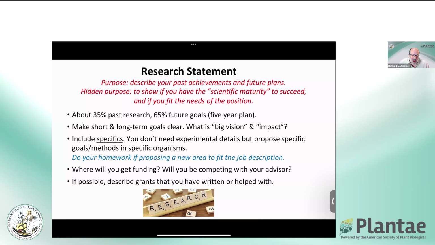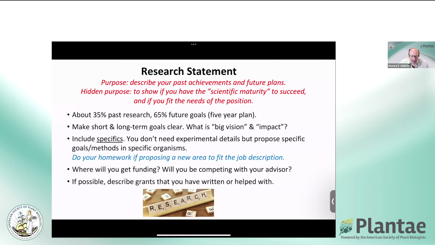They'll say, oh, I'm going to study flowering in a plant that's important in your state, as an example. Well, that's not very good. You should try to do some homework and figure out, what plant do you want to work on? What are the specific questions and the specific experiments that you're going to do? Okay, and that's what you need in your research statement.